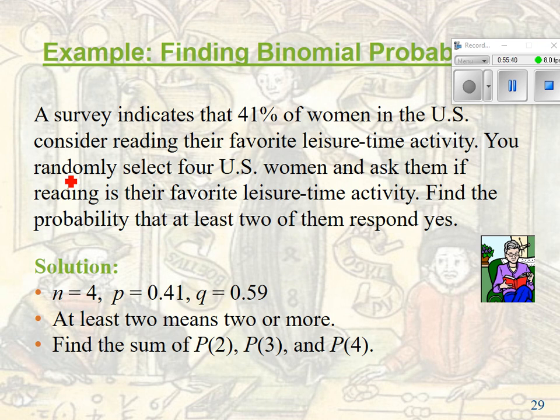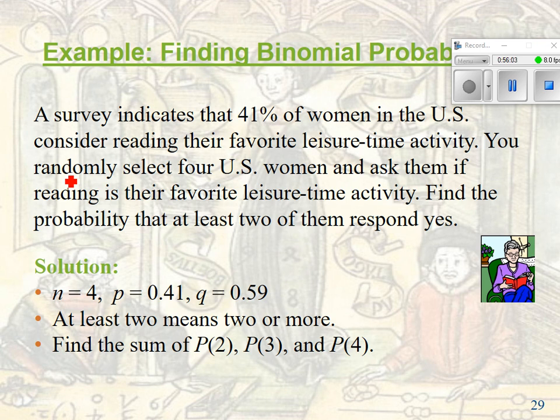So let's do this real quick. We got just a few minutes here. Try to get this whole chart. We could have, how many women say yes? 0, 1, 2, 3, 4. Let's find each of these probabilities using the PDF button. So grab your calculators and help me out.